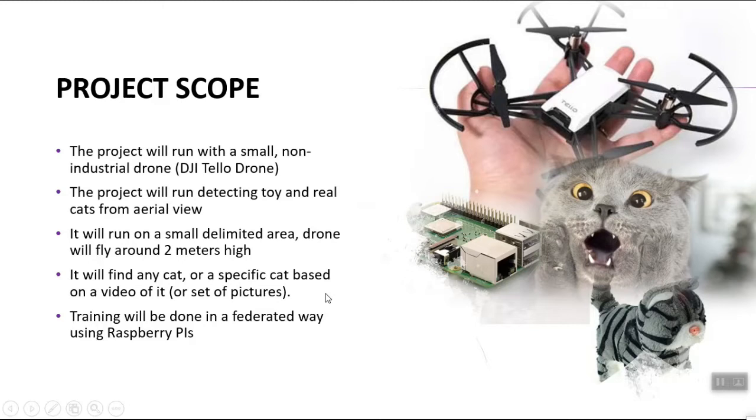As I said, you'll be able to record a video of your cat, and then the drone has to find it. Then the training will be done in a federated way using Raspberry Pis. I wanted all the training to be on Raspberry Pis.